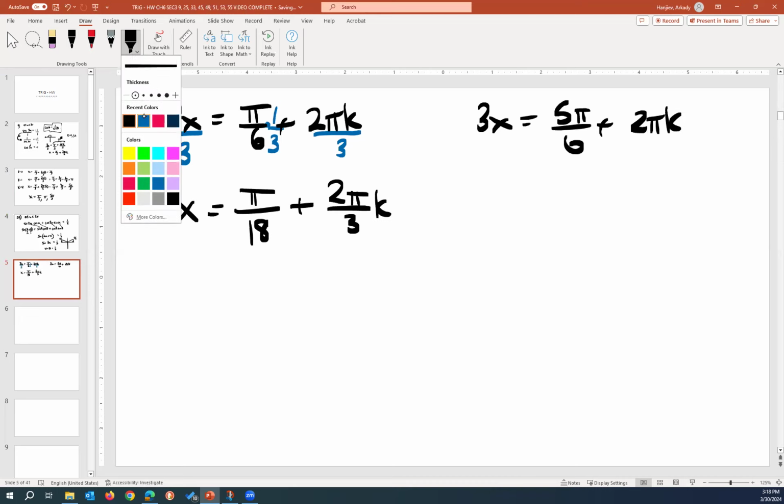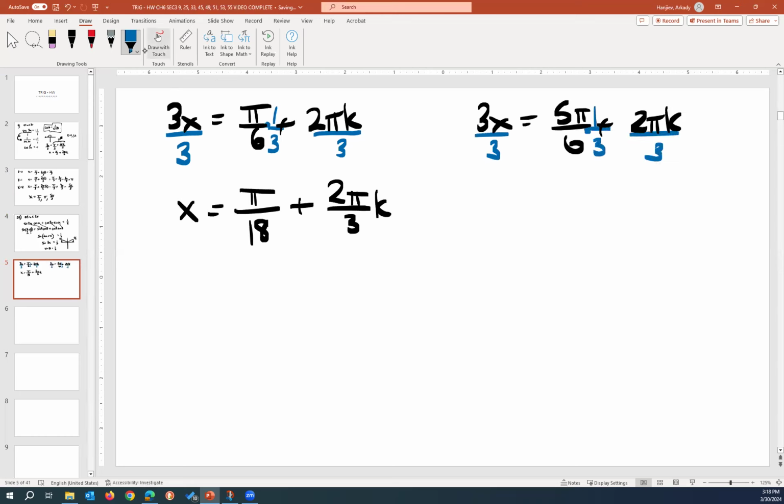All right, we're going to do the same thing over here. We're going to divide by 3, which is the same thing as multiplying by 1/3. So this one gives me x is equal to, looks like 5 pi over 18 plus 2 pi thirds k.